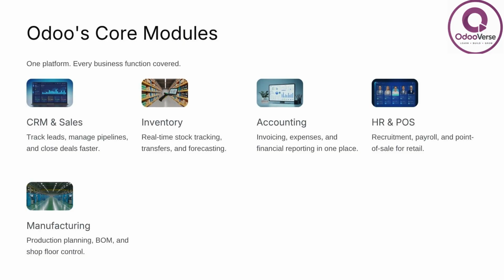Next is HR and POS. HR helps manage recruitment and payroll, while POS is useful for retail businesses and billing counters. And finally, manufacturing. This module helps companies manage production planning, bill of materials, and shop floor operations. So basically, Odoo provides one platform for almost every business function.